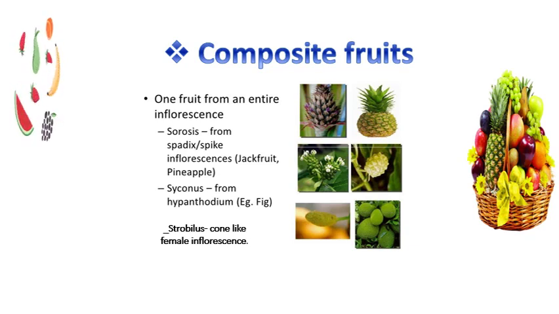By this term composite, one is clear that here we discuss something that has a combination or a group. So simply when we define composite fruit, one says the fruit that is developed from a group of flowers.